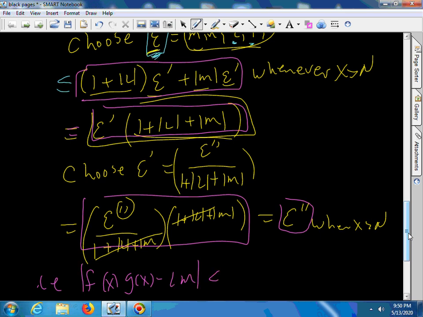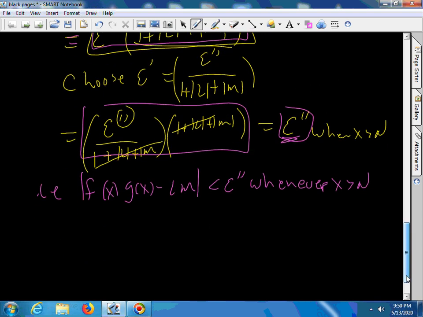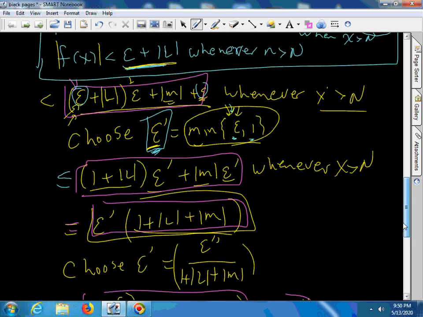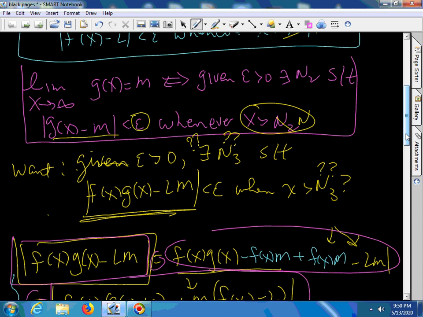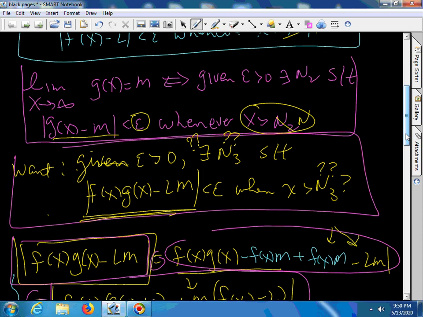This here is less than epsilon prime whenever x is bigger than n. Okay, so we don't have to go back because we found it. N3 should be n.